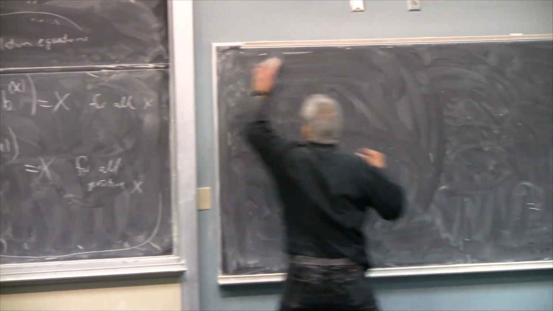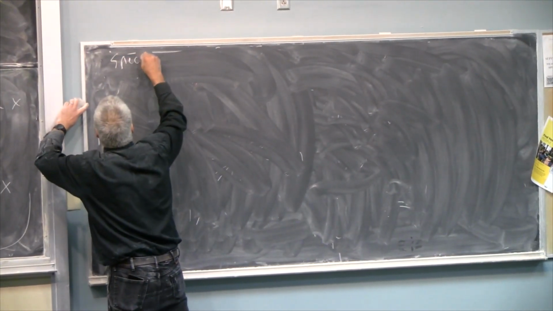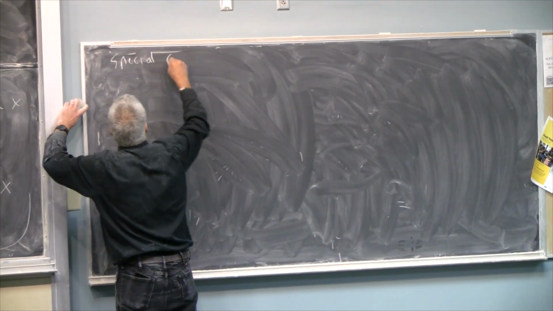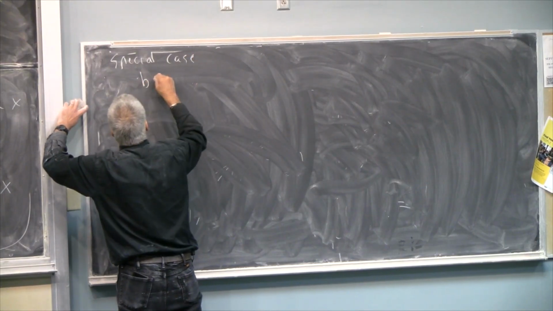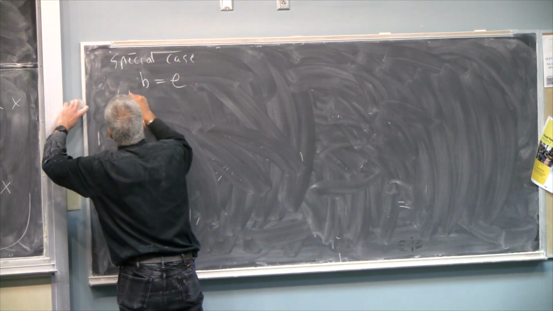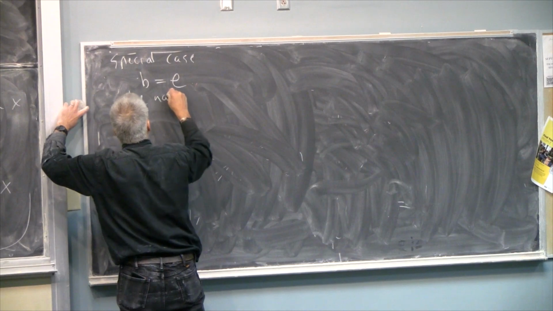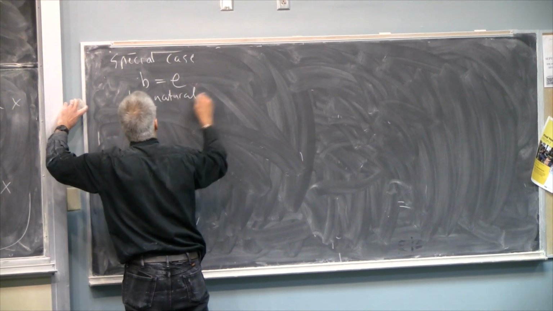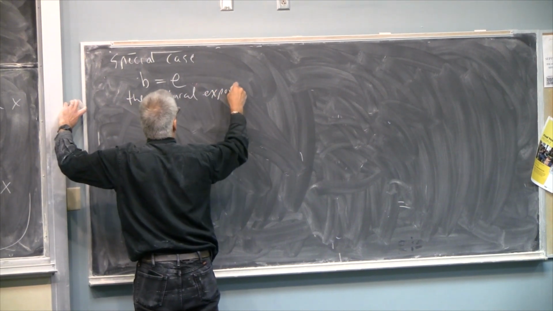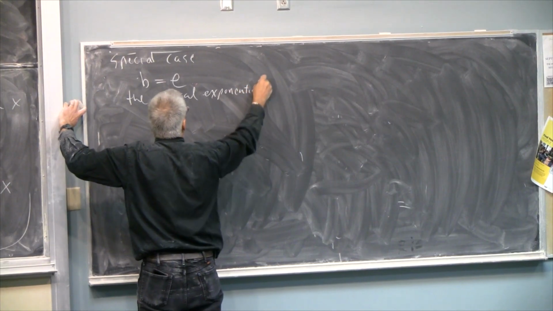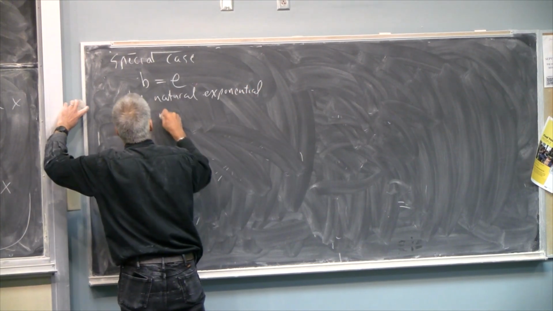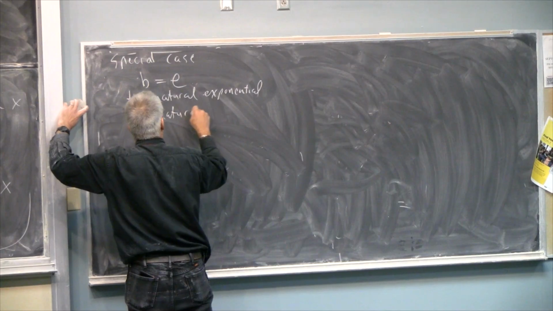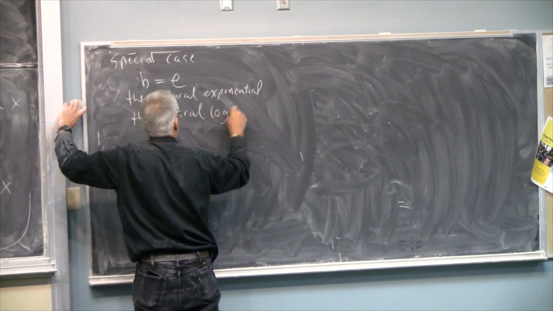Now, a special case is base b is the number e. This is the natural exponential and the natural logarithm.